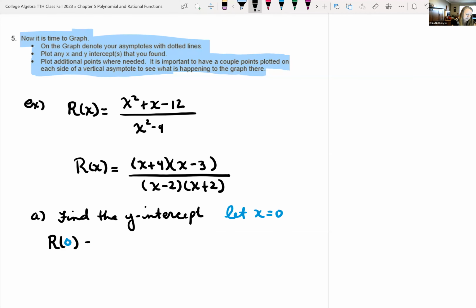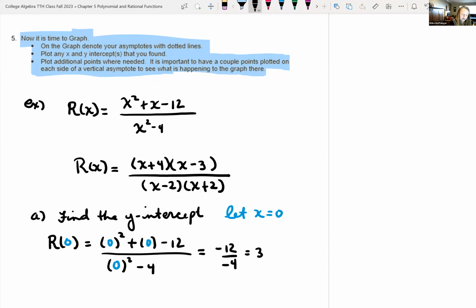If we plug it into our original function, we have 0 squared plus 0 minus 12, all over 0 squared minus 4. Simplifying, in my numerator, I'm left with -12. In my denominator, I'm left with -4. -12 divided by -4 is +3. So we have a y-intercept at the point (0, 3).